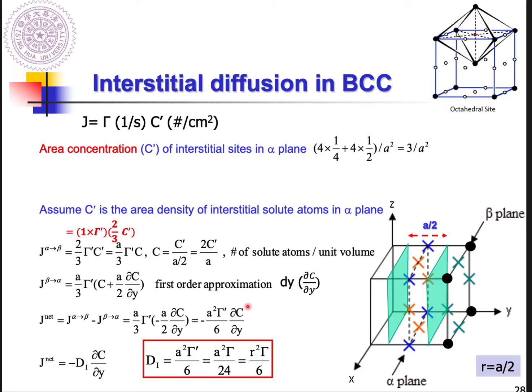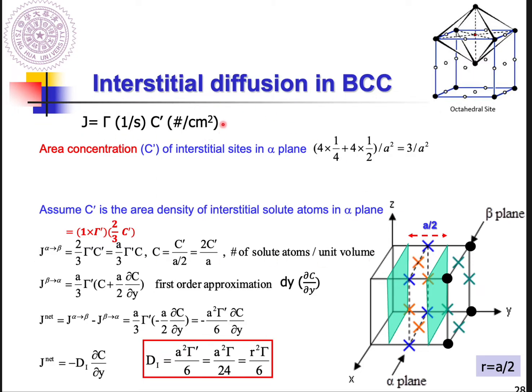So first we need to get the flux from alpha to beta, then the flux from beta to alpha, and subtract one from the other to get the net flux. The idea will be that. So let me show you how to formulate the flux from alpha to beta.